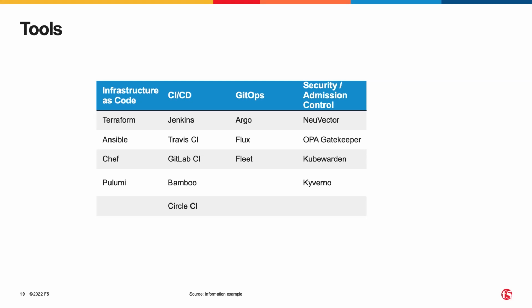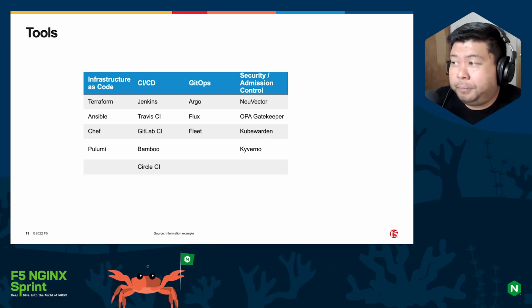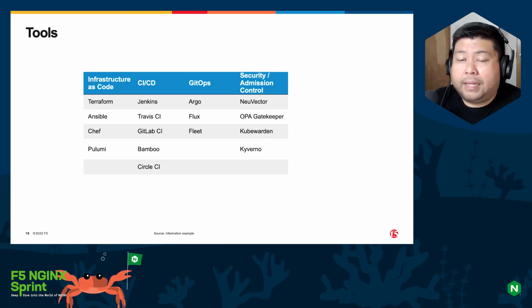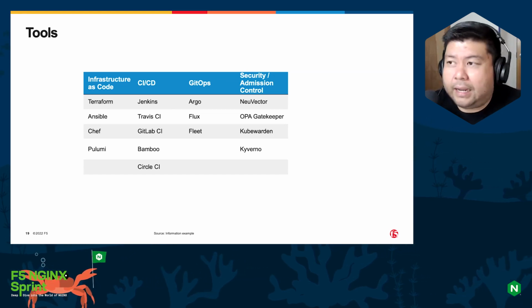For GitOps tools, there's Argo, which is currently leading. There's also Fleet, which is a project from SUSE and initially from Rancher Labs. There's also Flux as well. For security and admission control, there's NeuVector, and there's OPA Gatekeeper. There's also Kubewarden and Kyverno.